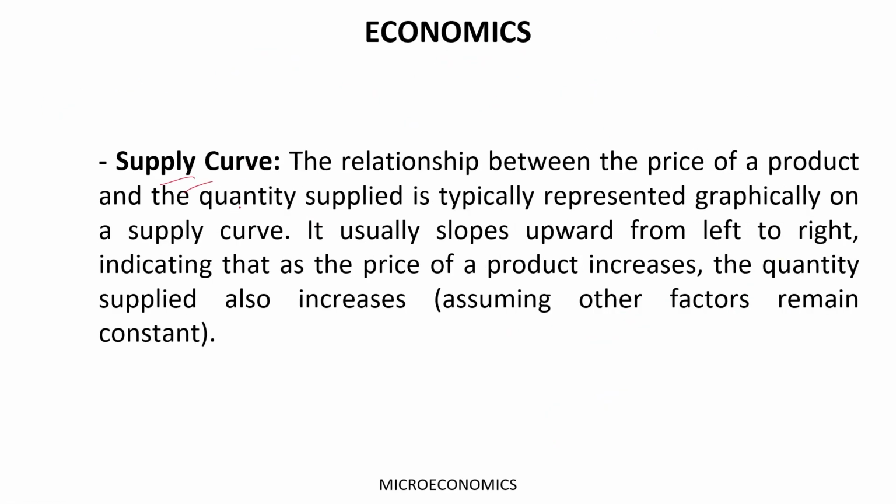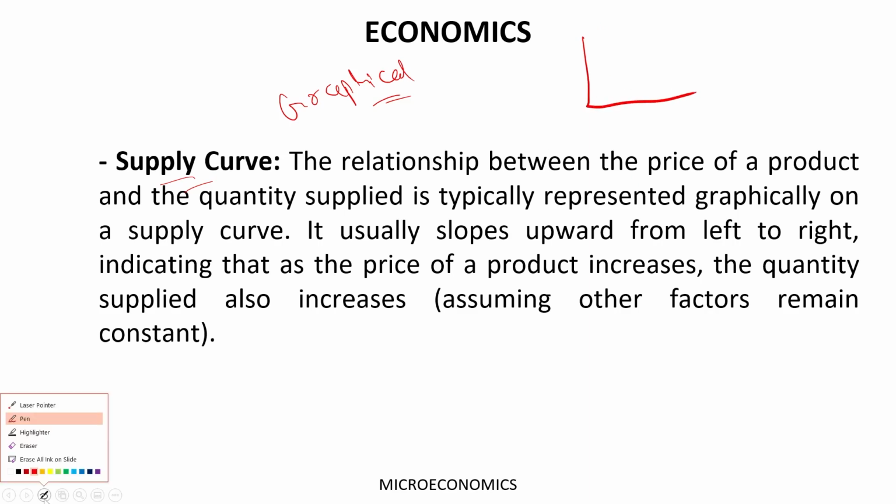Now we have the supply curve. The supply curve is basically a graphical representation between the price of a product and the quantity supplied, typically represented graphically on the figure. And it is always in this format, bottom to top. Okay.